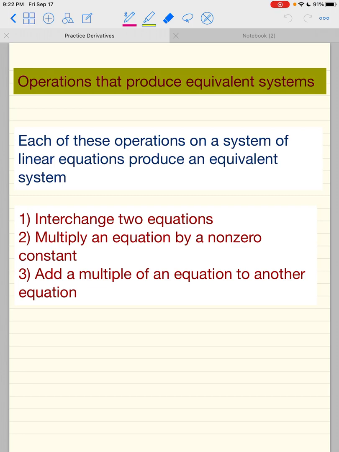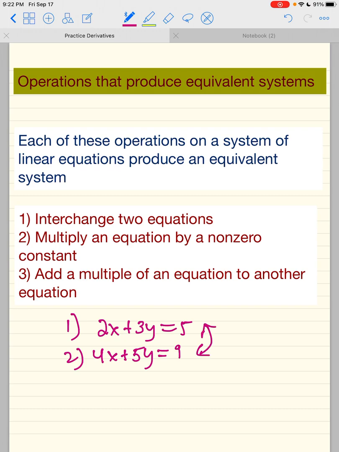So the first thing that we can do to create these equivalent systems is you can interchange two equations. Okay? What does that mean? That basically means that if the first equation is 2x plus 3y equals 5, and the second equation is 4x plus 5y equals 9, you could just switch these two around.